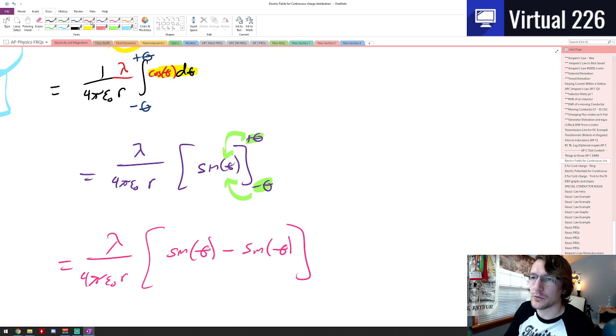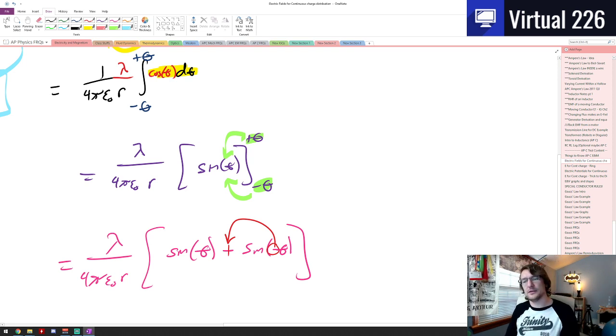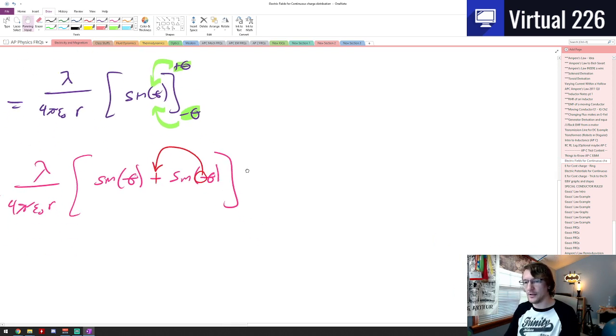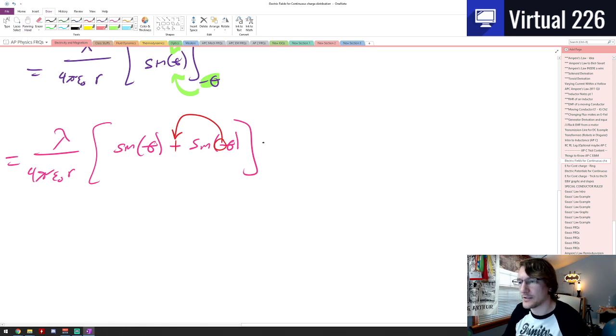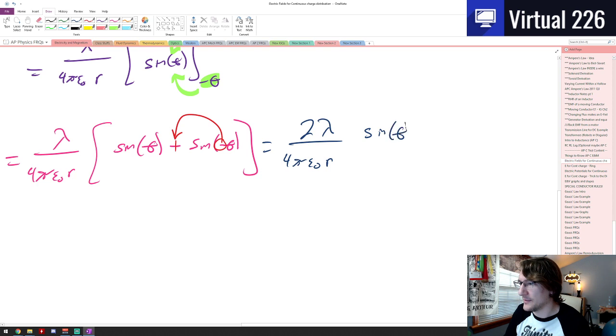And there's a neat little sine rule here: if you have the sine of a negative angle, you can bring that negative out and turn this positive. So sine of theta plus sine of theta is just 2 sine theta, which means I can write this at the end as 2 lambda over 4 pi epsilon naught r times the sine of theta.